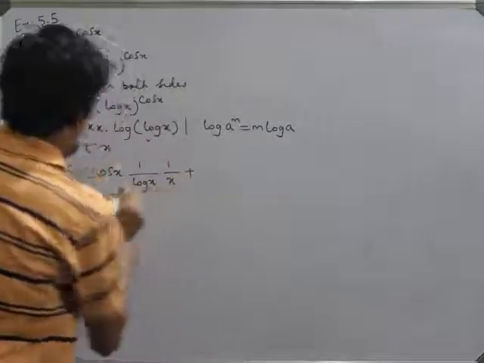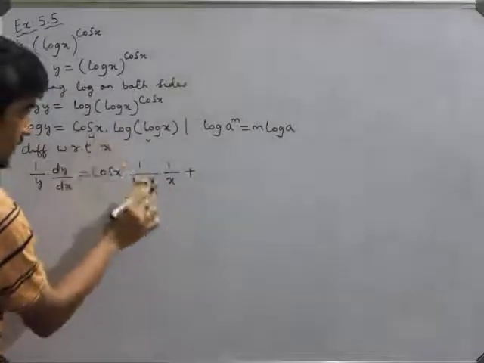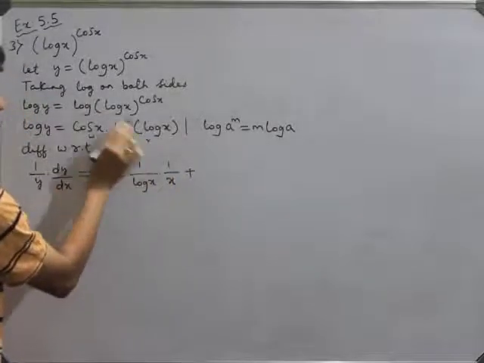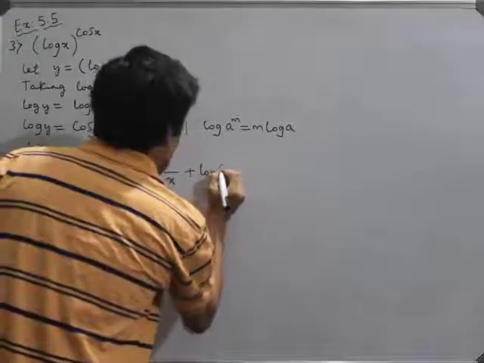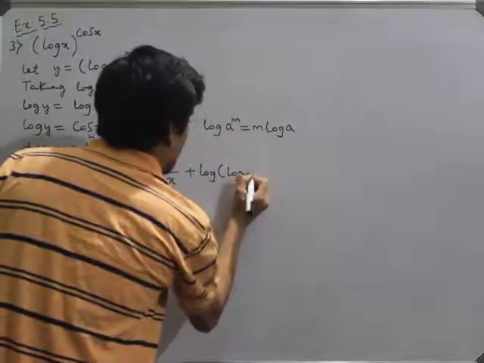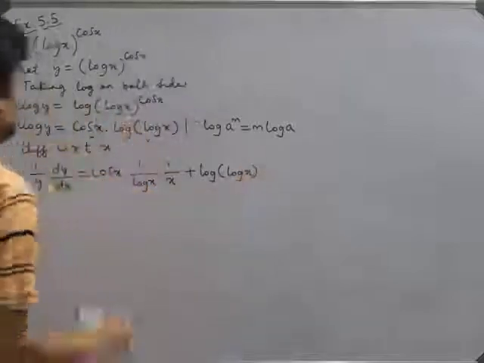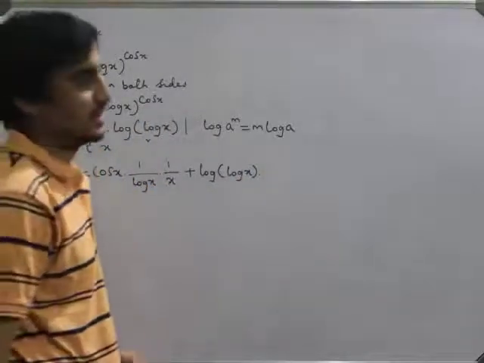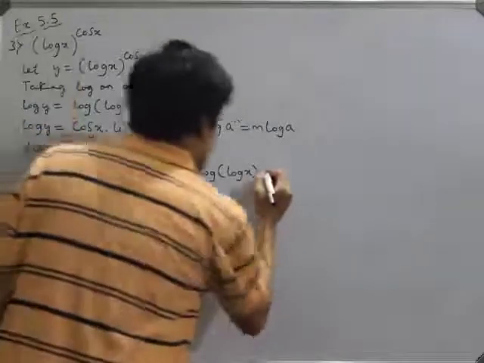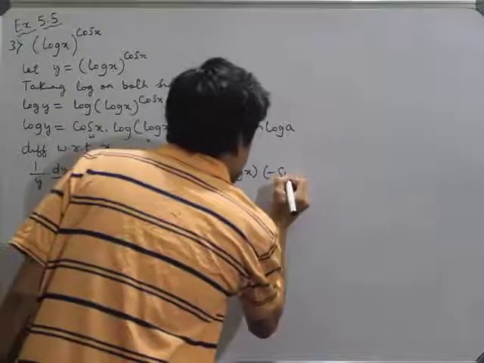Plus, now this is u into dv by dx plus v into du by dx. v is log of log x into du by dx, that is differentiation of cos x. Differentiation of cos x is minus sin x.